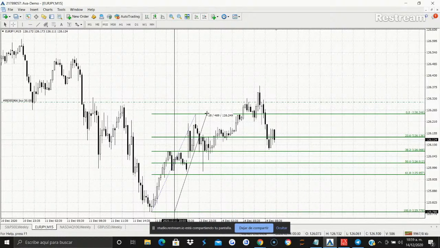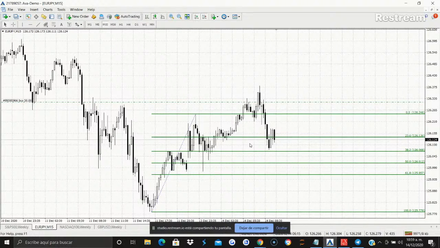Okay, pips. Now, we always have to translate this to money. Remember, each one of you will be different.